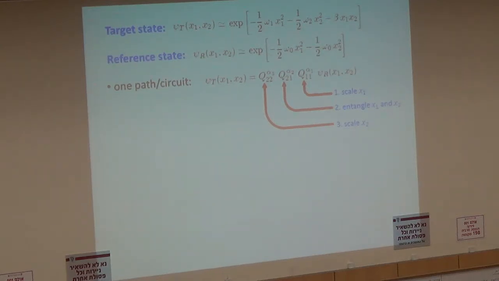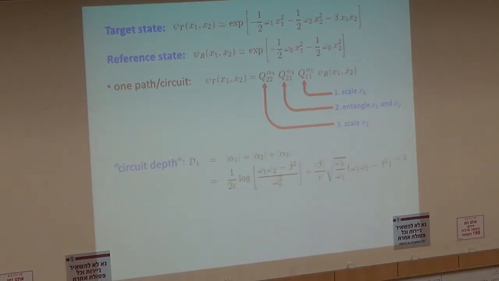But then I also need that cross term, and so I act with this entangling gate some number of times, and then I'm going to have to also match the exponent in x2, and so I'll need to do some scaling in x2. It's an exercise, I won't go through the details, but you can figure out what those exponents are that I need for that circuit to accomplish the desired operation.